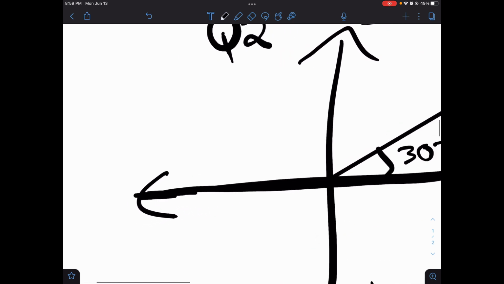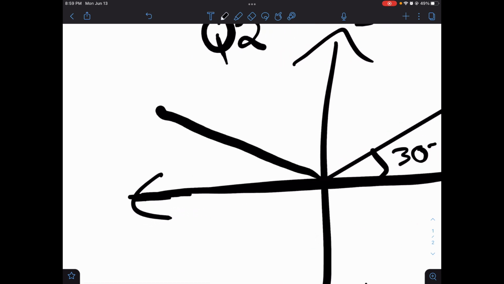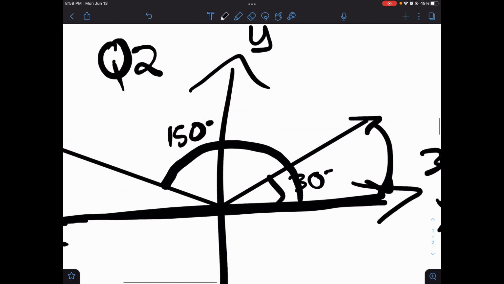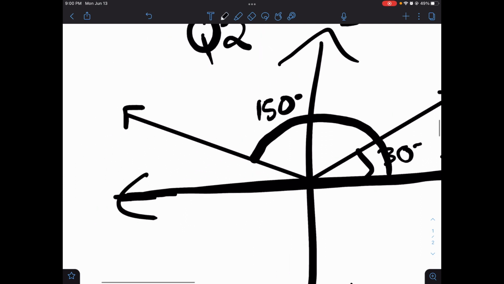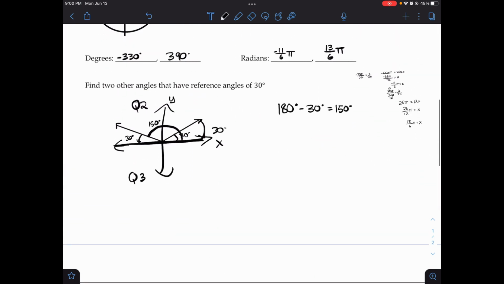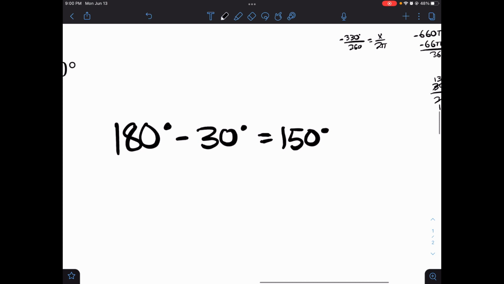Because since it's at 150, which will be around here, 150, meaning that it won't go all the way back to 0 degrees just for the reference angle. It'll go to the nearest point of the x-axis, which is right here. So this will have a reference angle of 30, meaning 150 degrees has a reference angle of 30.